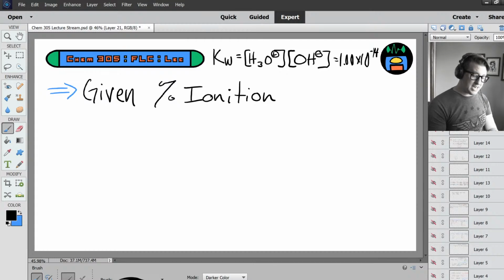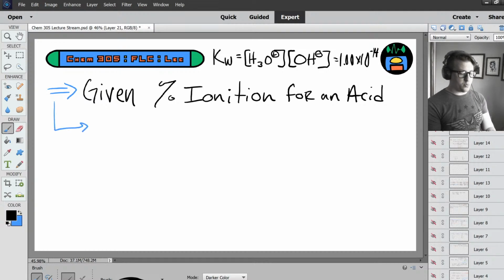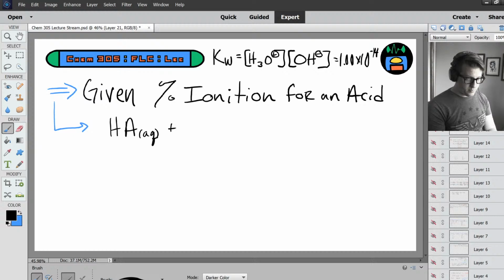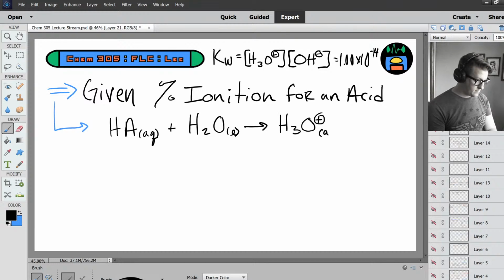Whenever you're given the percent ionization for an acid, you always write the equation for the ionization of that acid with water. So the reaction of whatever your acid is, HA, plus water, producing hydronium and your conjugate base.